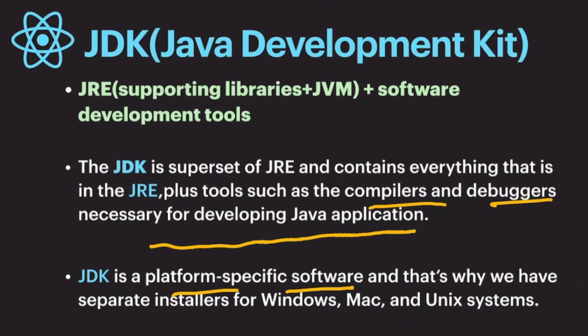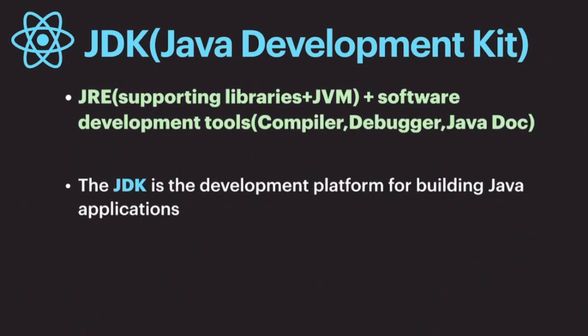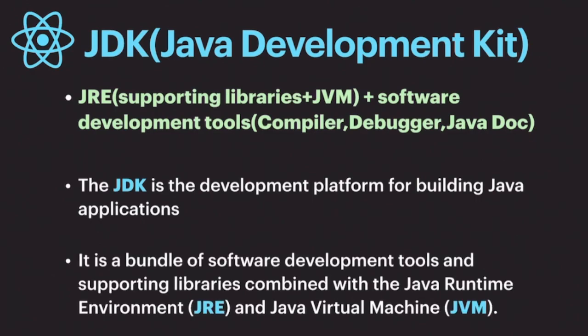That's why we have separate installations for Windows, Mac and Unix operating systems. JDK is the development platform for building Java applications. It is a bundle of software development tools and supporting libraries combined with the Java Runtime Environment and Java Virtual Machine. So we can say it is the combination of JRE plus development tools.